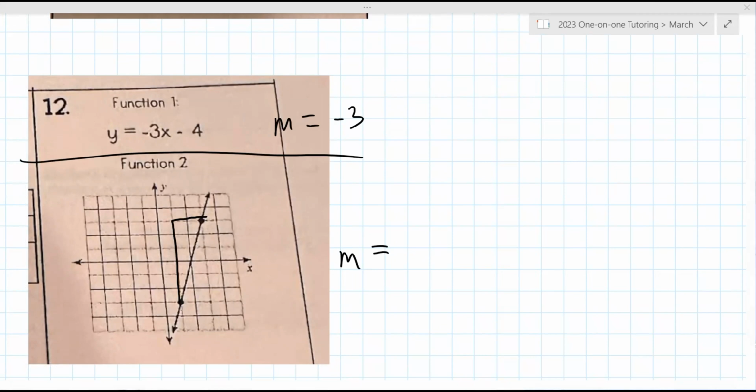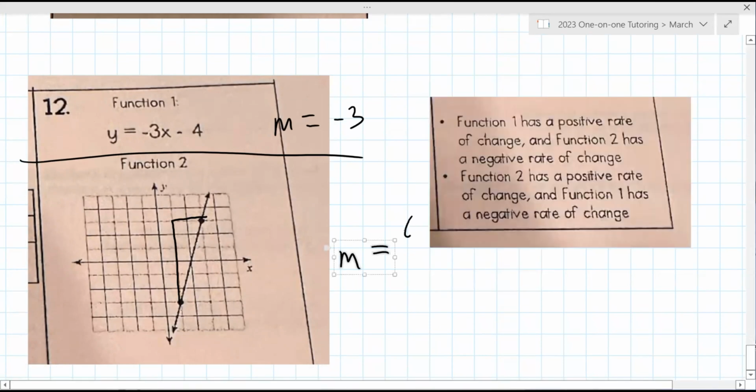Up 1, 2, 3, 4, 5, 6 over 2. So 6 over 2, so 3. All right, so does function 1 have a positive rate, or function 2? Function 2. Yeah. Good.